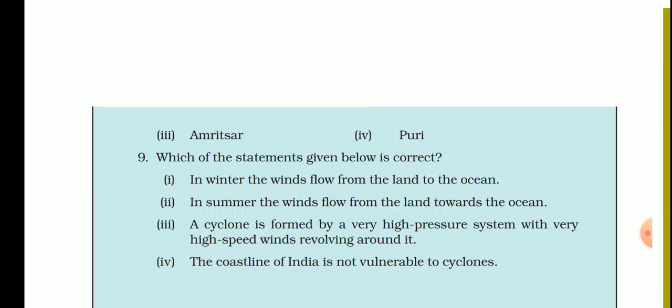The question is asking which of the following statements is correct. Now, fourth one, the coastline of India is not vulnerable to cyclones. It is a wrong statement. The most vulnerable to the cyclones are the coastlines, okay, the places that are near to the sea. Third, a cyclone is formed by a very high pressure system with very high speed winds revolving around it. It is formed by a high pressure and a low pressure system, okay, not only because of that.